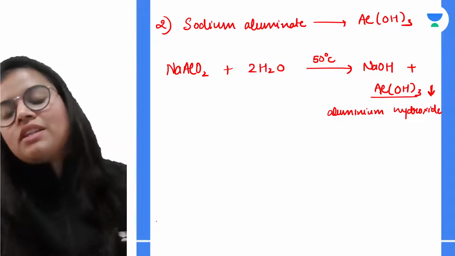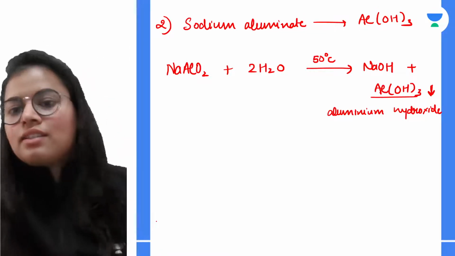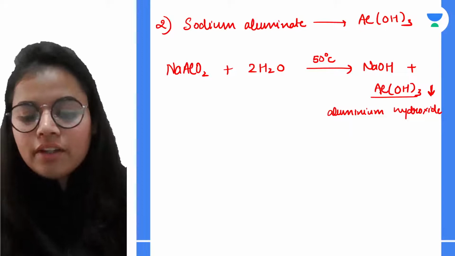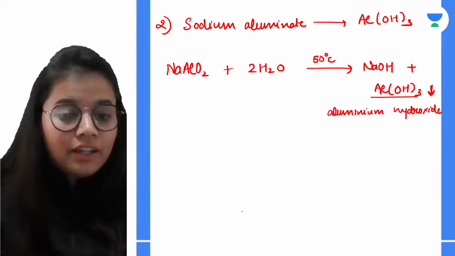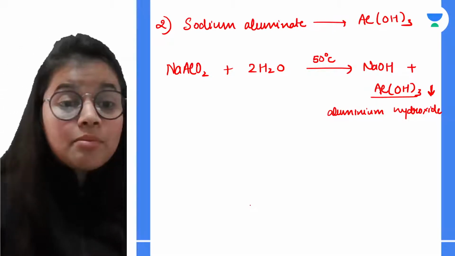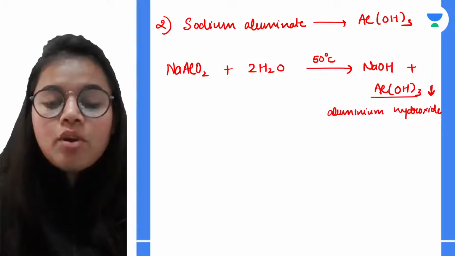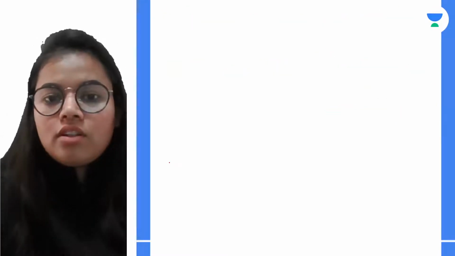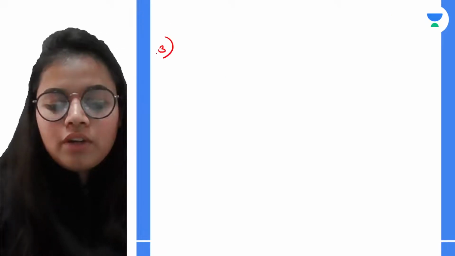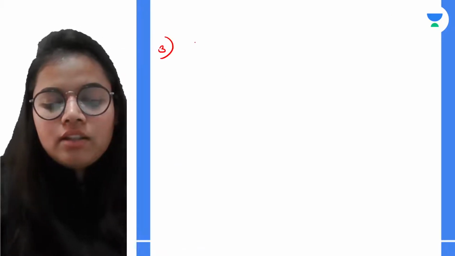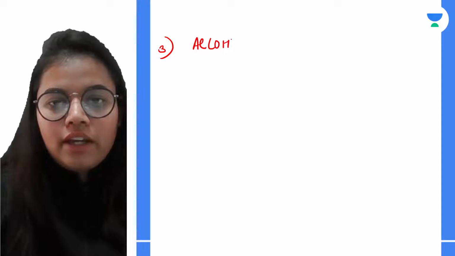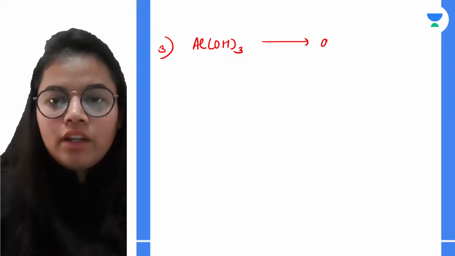Now this precipitate is collected, dried, washed and filtered, and then it is heated, and the temperature is kept at approximately 1000 degrees Celsius, and we get the pure alumina from it. So what is basically happening over here? This aluminium hydroxide is converted to alumina.